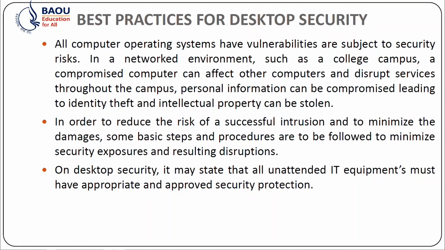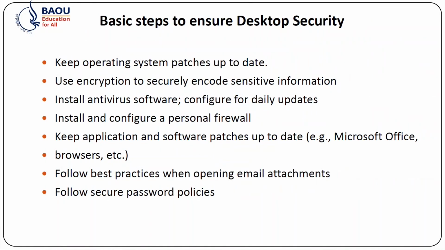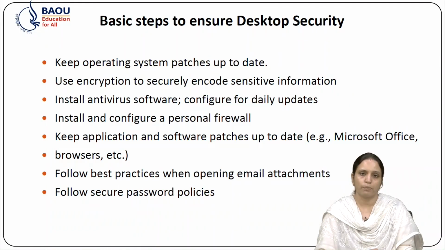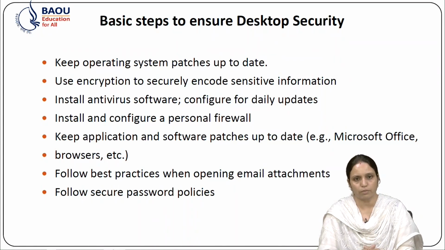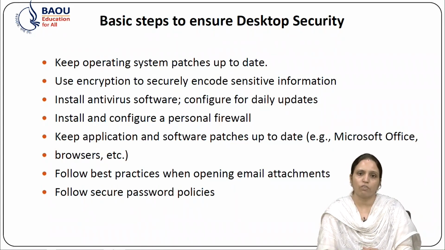On desktop security, it may state that all unattended IT equipment must have appropriate and approved security protection. Keep operating system patches up to date. Use encryption to securely encode sensitive information; only for sensitive information should you use the encryption algorithms. Install antivirus software and configure it for daily updates.